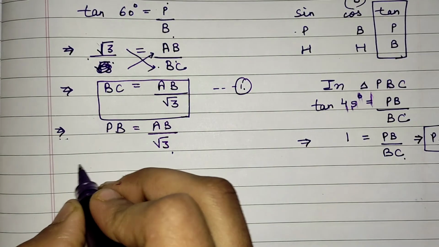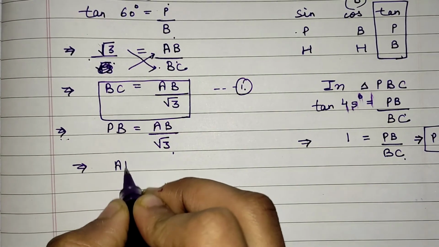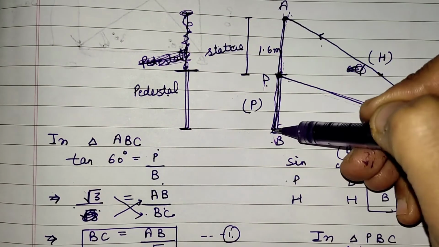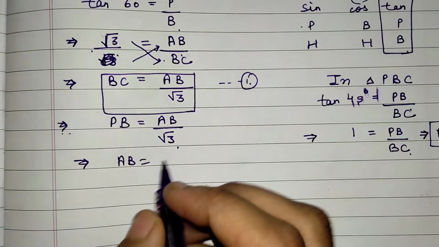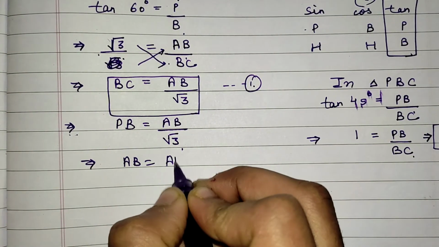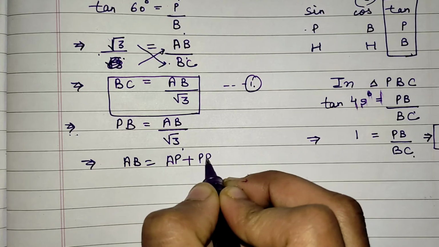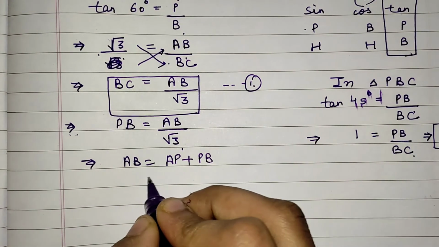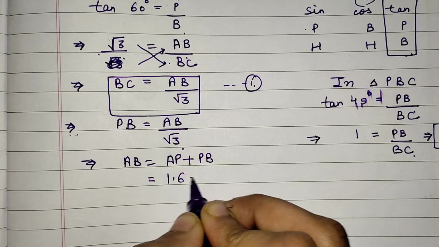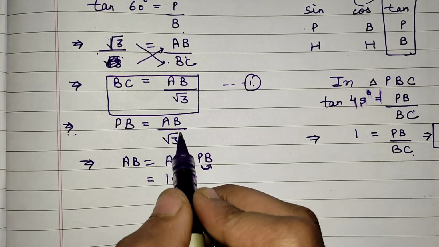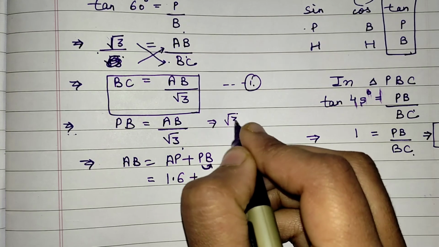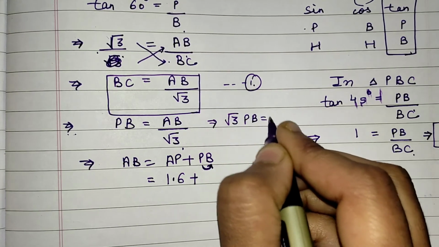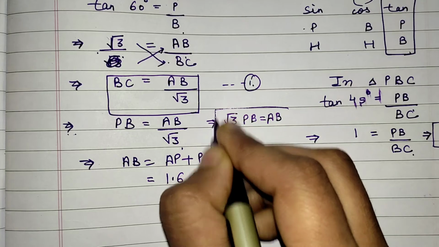What I can see from the figure is that the complete AB is AP plus PB. AP is given to me as 1.6. So AB is equal to root 3 PB, which is equal to AB.